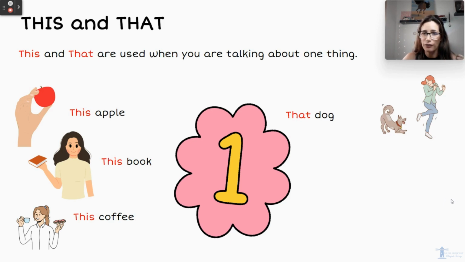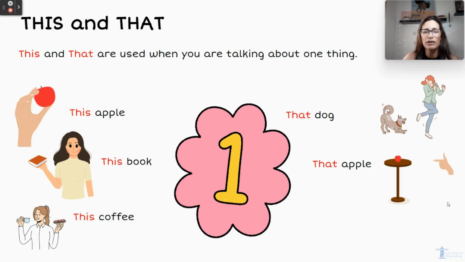That dog. First thing that we need to notice is that there's just one dog. And the second thing I want you to notice is that this person is not touching the dog. The dog is away from the person. That dog. That apple. Again, just one.